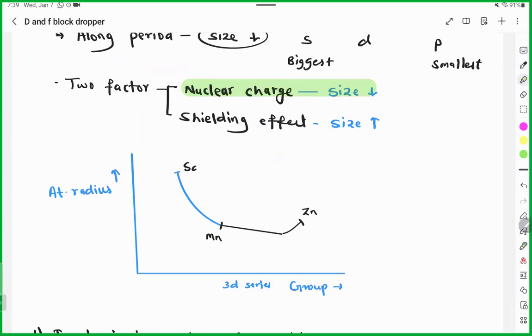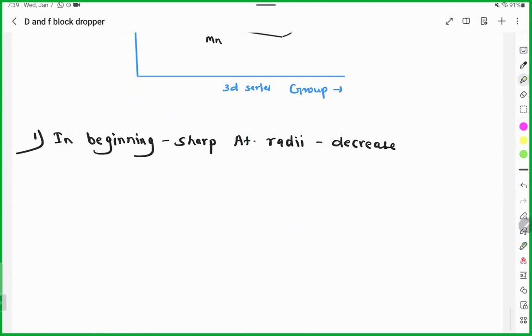If size increases, the shielding effect is more. If you are not sure, not only in this chapter, in any chapter, always apply this logic. Most of the time it will be correct. If size is decreasing, nuclear charge is more. If size is increasing, shielding effect is more.